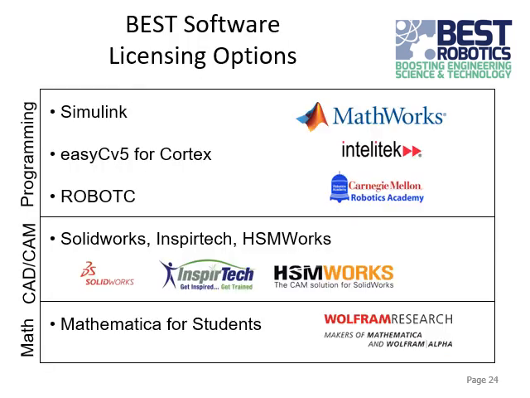So, some of the software you have available. There's Simulink, that's a MathWorks product, so you can get that through MathWorks for free. EasyC is a pretty common way that people use to program their Cortex. There's also RobotC.